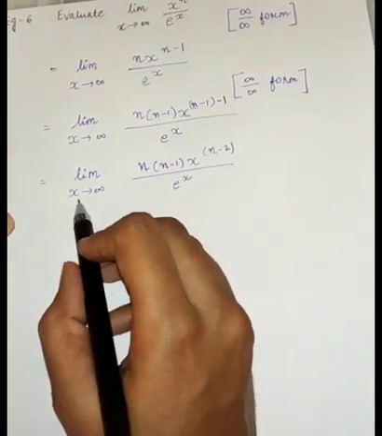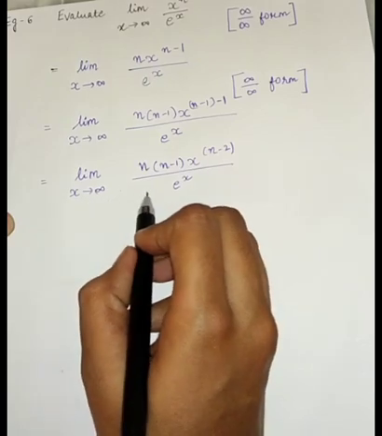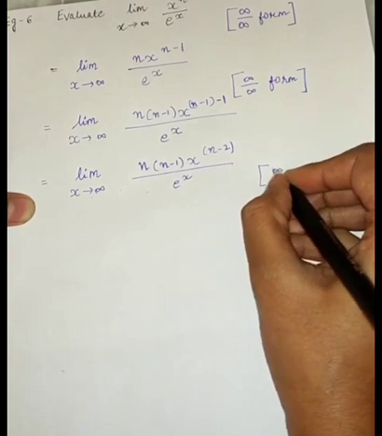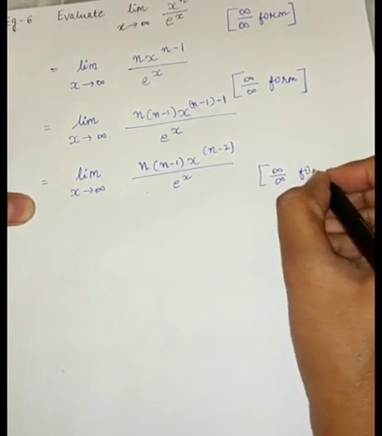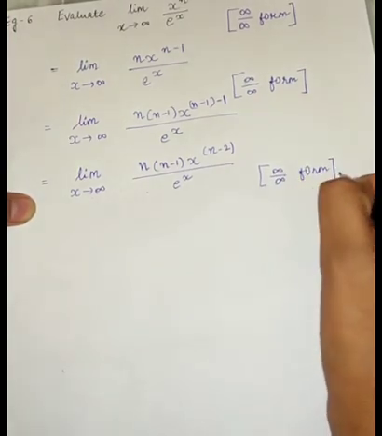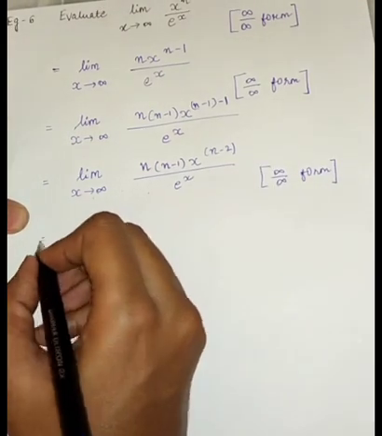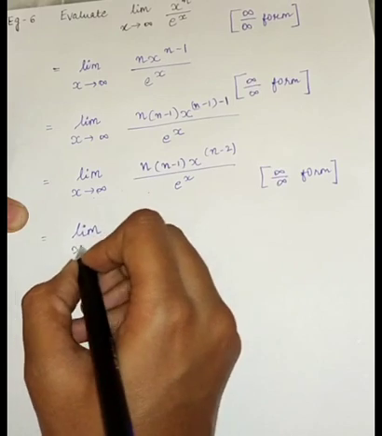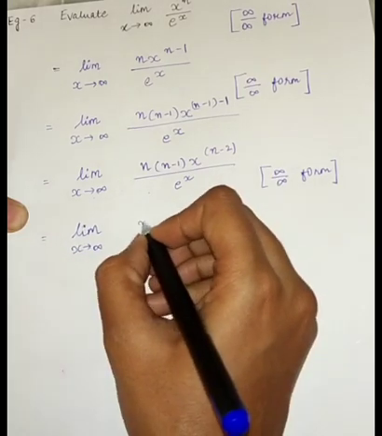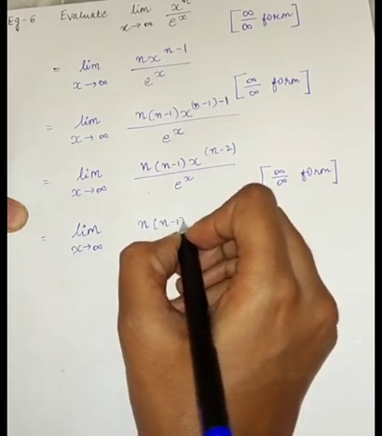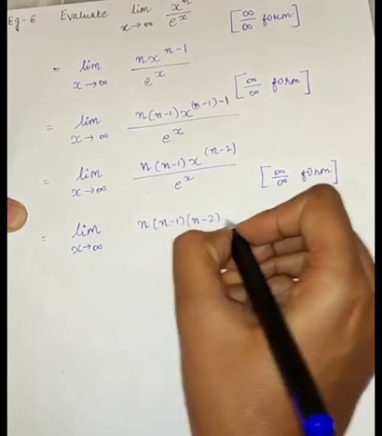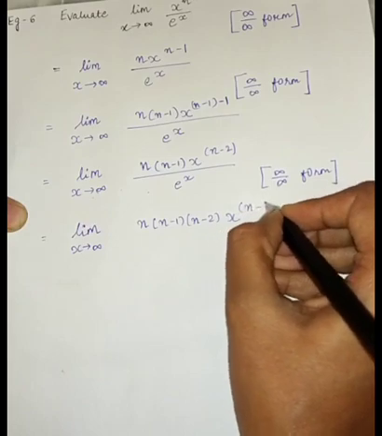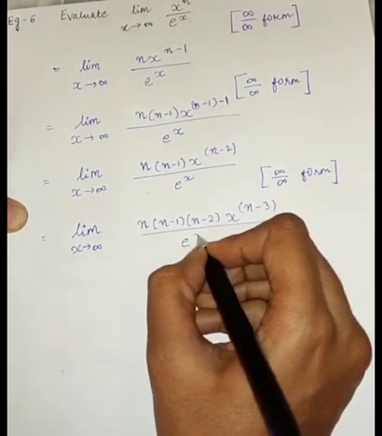Now again, if we substitute this limit in this equation, then we again get infinity by infinity form. So we will again differentiate numerator and denominator separately. So limit x tends to infinity n into n minus 1 into n minus 2, and x raised to n minus 2 minus 1, that is n minus 3, upon e raised to x.